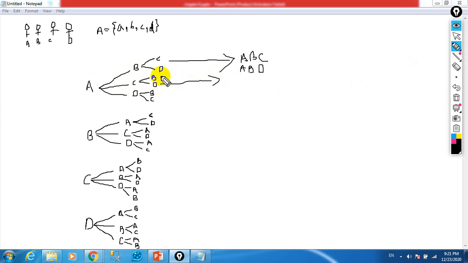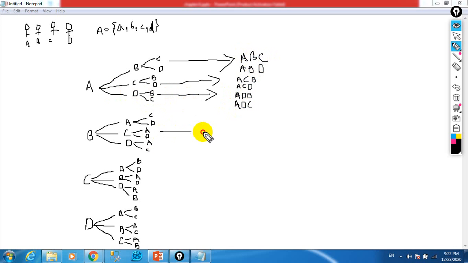A, C, B, or maybe A, C, D. So this combination may be A, D, B. Yeah, for example A, D, C may be. Now, how many combinations came? 1, 2, 3, 4, 5, 6.